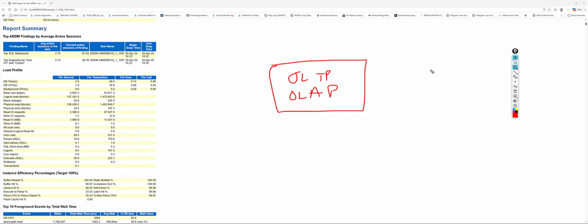So it is very important that you understand the type of database before you dive deep into the performance analysis.